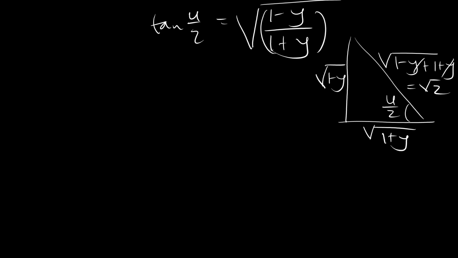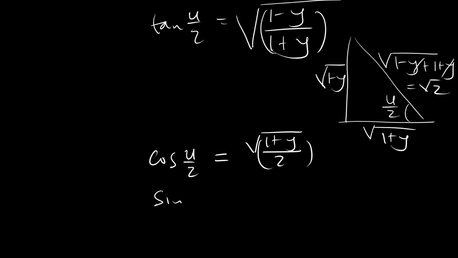So what does that mean? It means that cosine of u over 2 is equal to the square root of (1 plus y) over 2. Sine of u over 2 is equal to the square root of (1 minus y) over 2.